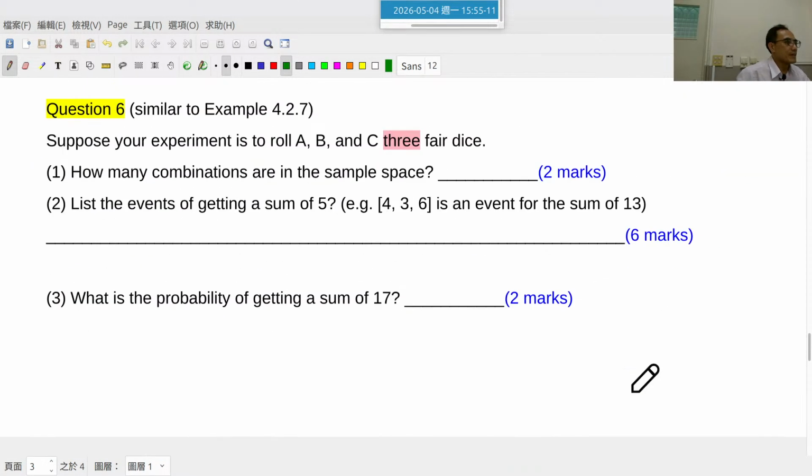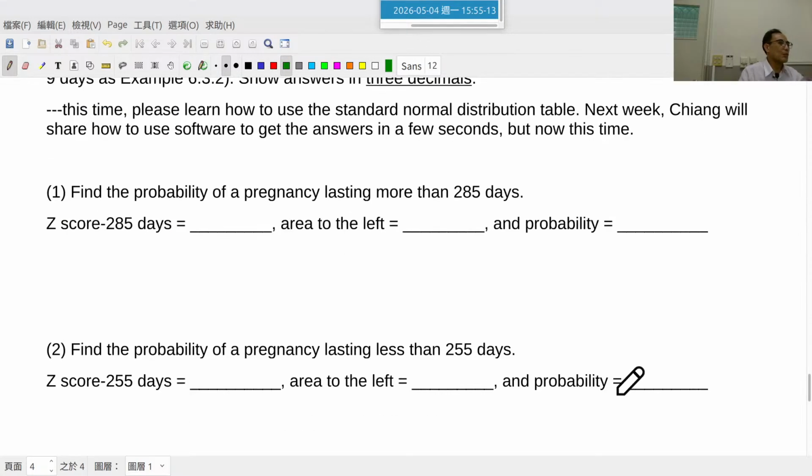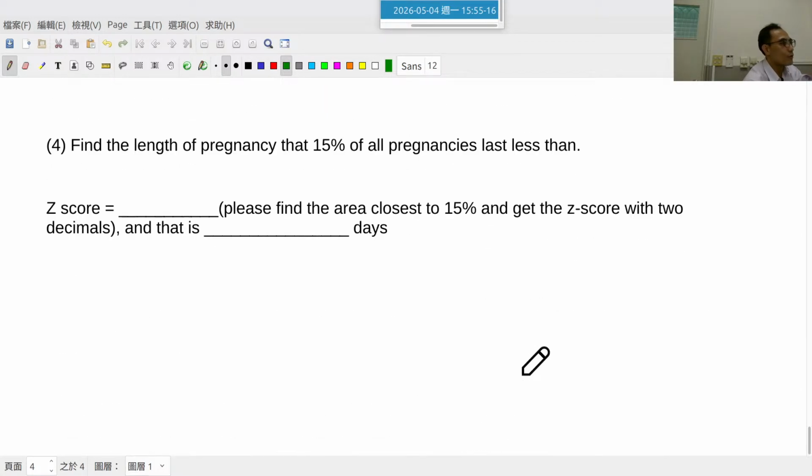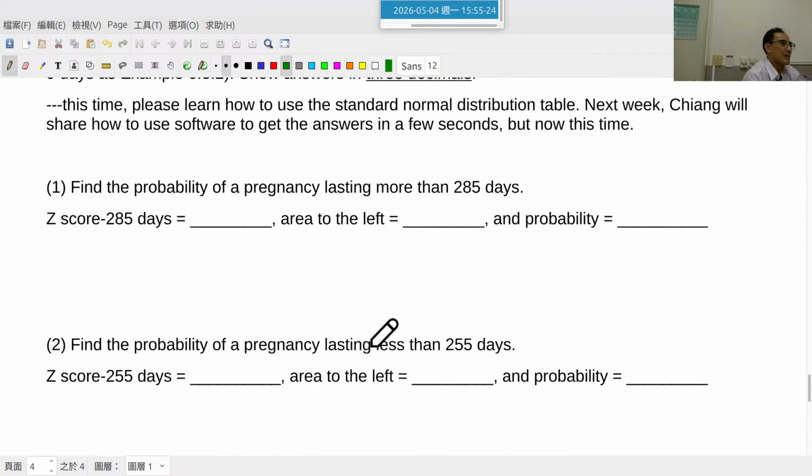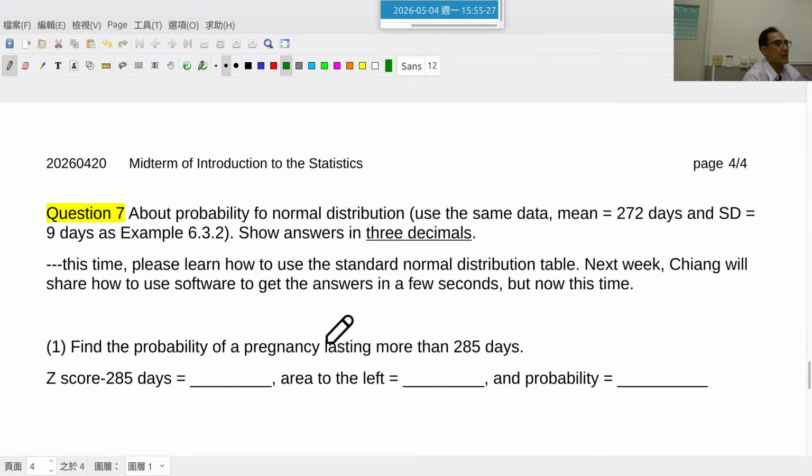Question number 7. Okay, we have 4 secondary questions. The first question is about probability of the normal distribution.